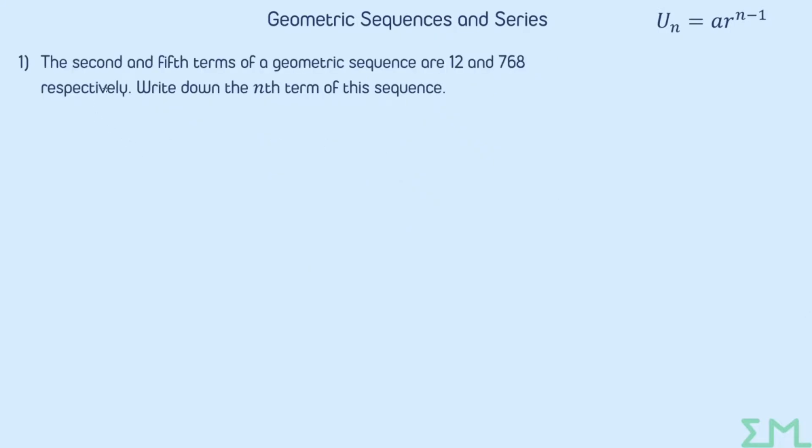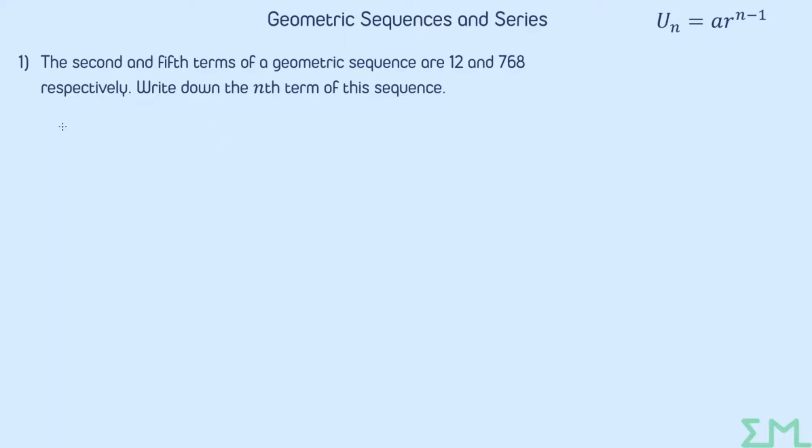Okay, so here we have the second and fifth terms of a geometric sequence are 12 and 768. We need to write down equations using our formula to relate these two numbers back to the unknowns A and R. Our aim of the question is to write down the nth term, so once we've found A and R, we'll basically be there because we can just stick them into the formula.